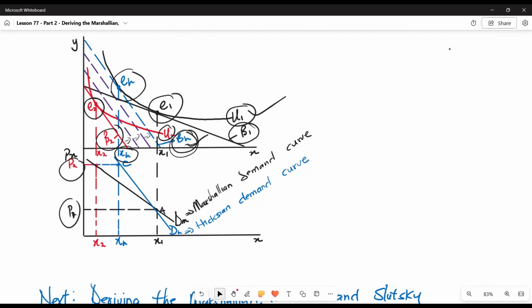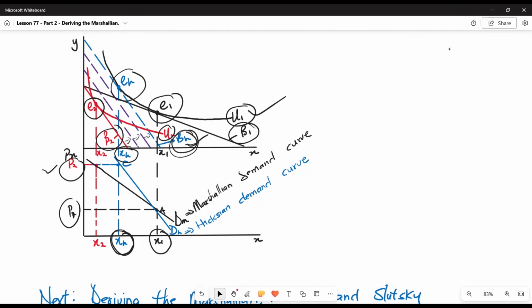We derive the Hicksian demand curve by projecting this XH to the demand diagram. We can represent this as XH over here. We are moving from X1 to XH, which is our substitution effect. Note that this is the compensated demand for good X when the price is P2.